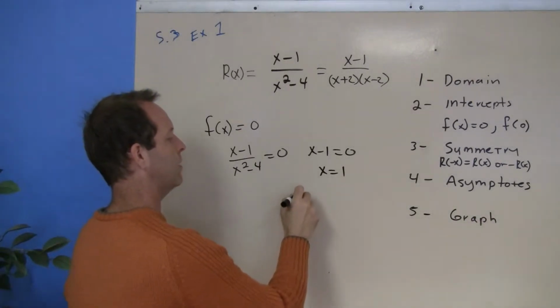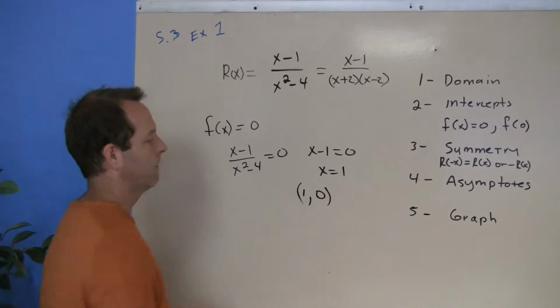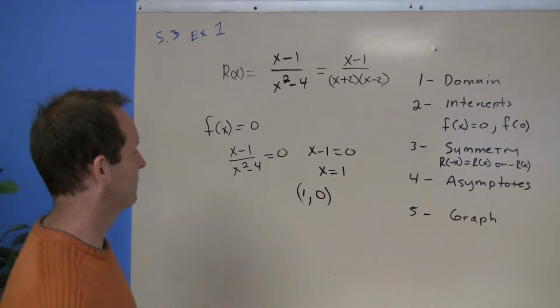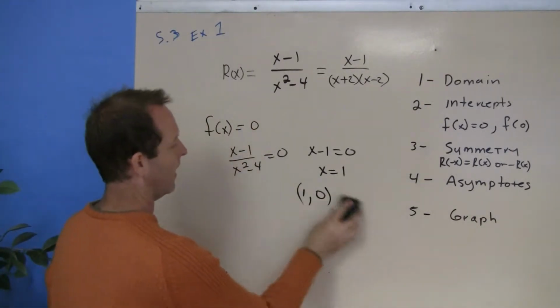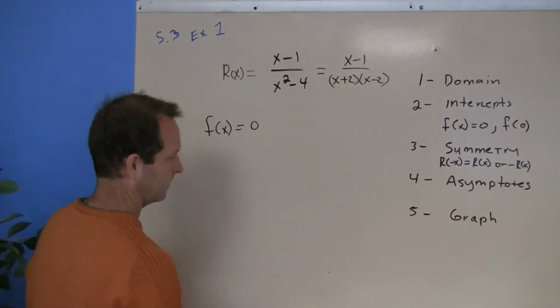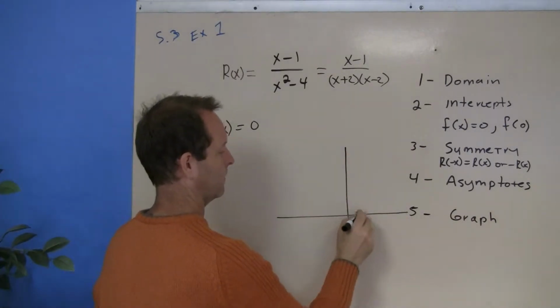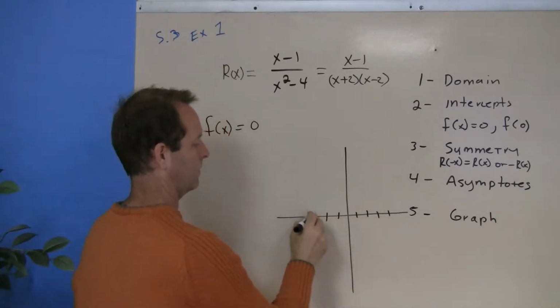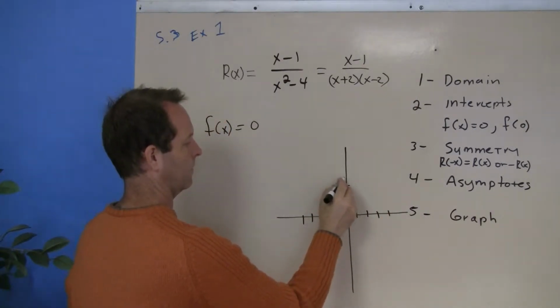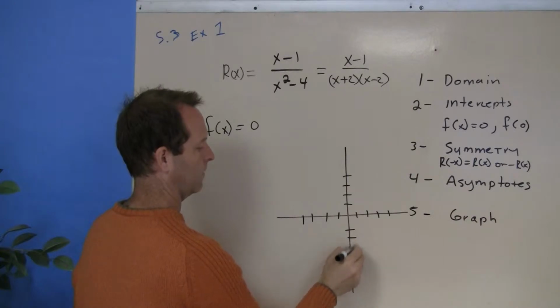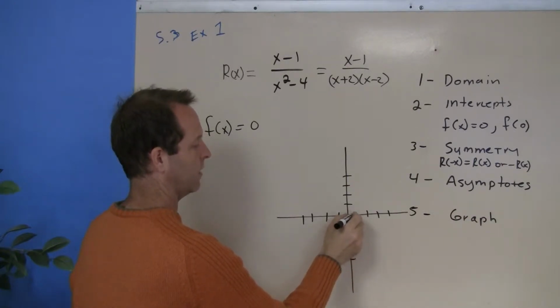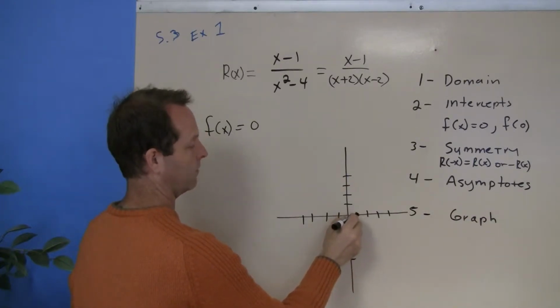So there I have a solution to my particular graph. Now let's go ahead and remember that. So I have a solution at the point (1, 0).